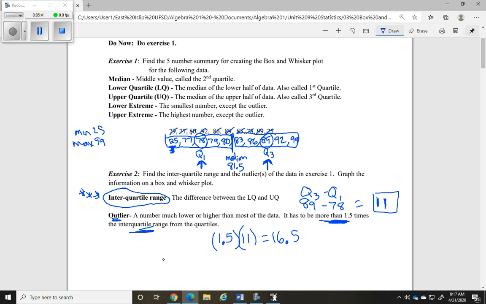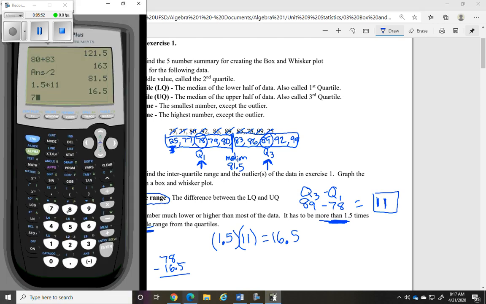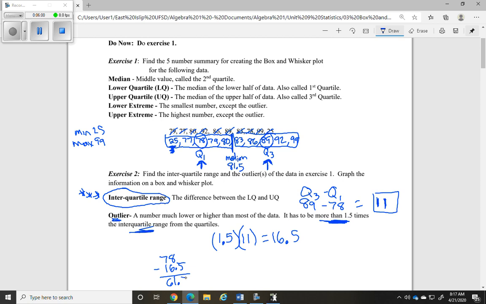So the first quartile is 78. Let's take away 16.5 from that to see how low it's allowed to go. So 78 minus 16.5 is 61.5. That's the lowest a number can be. If it's lower than that, then it's considered an outlier.